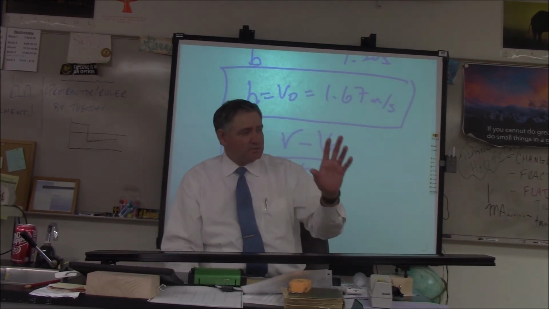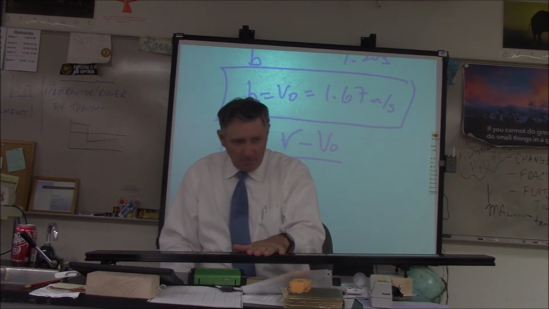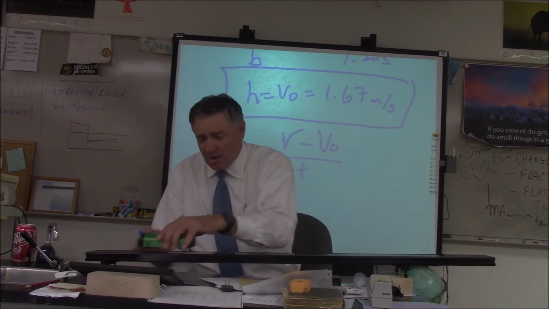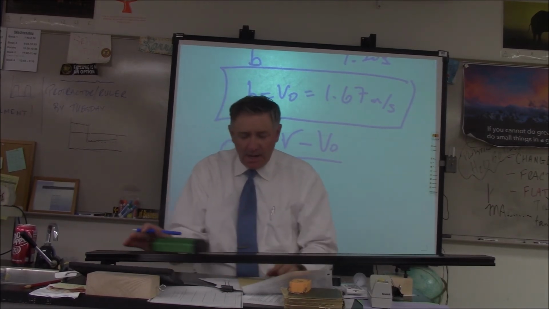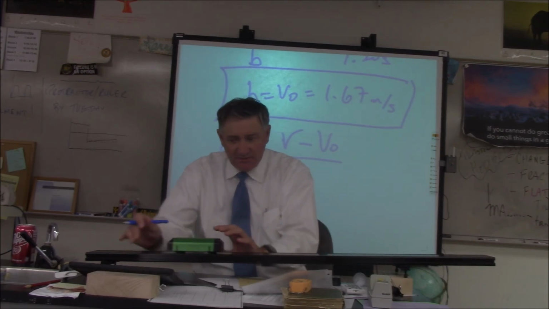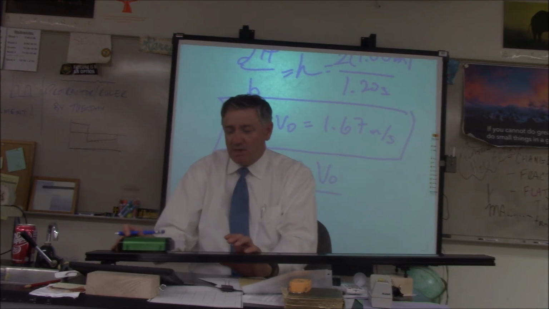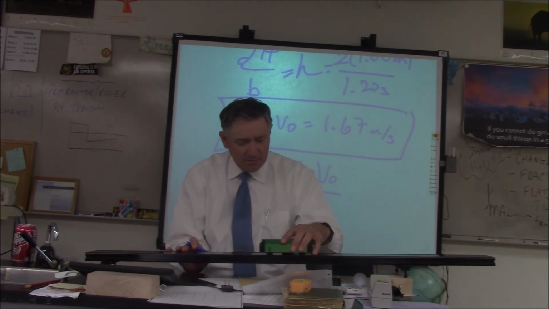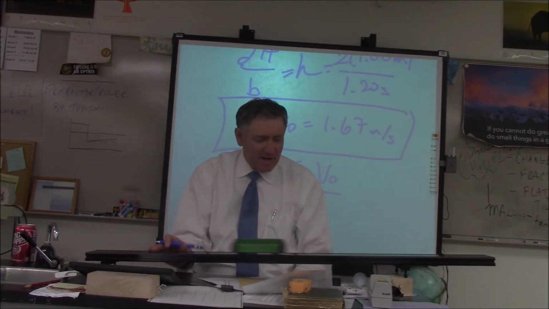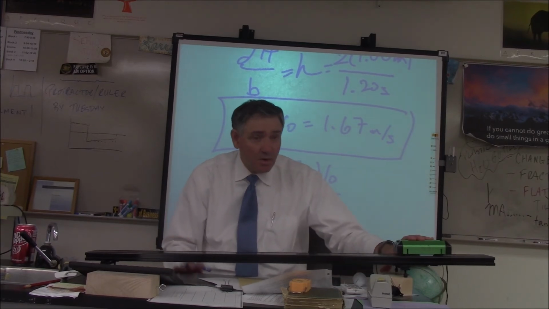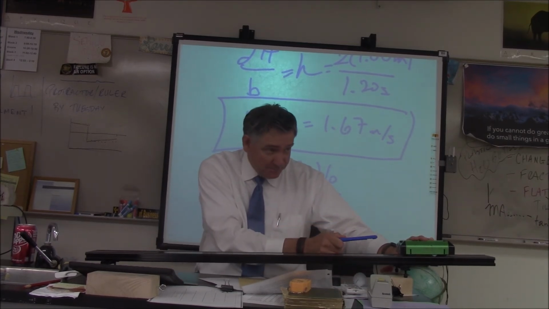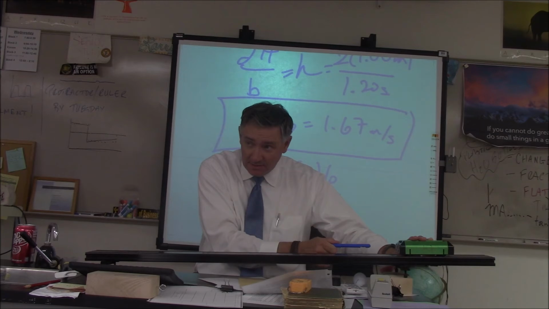So what we're going to do is look at this in 2 different paths. On the way up, I'm going to start with some initial positive velocity, which we just found to be 1.67 meters per second. So I know how fast it's going at the beginning. Now, when it reaches this point, what's my final velocity going to be? 0.